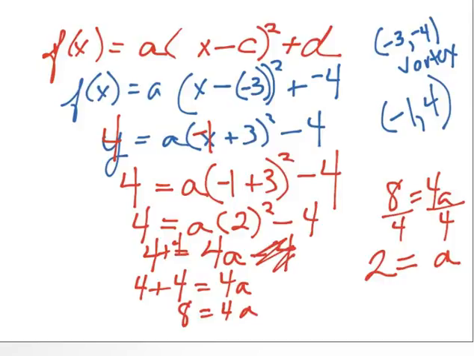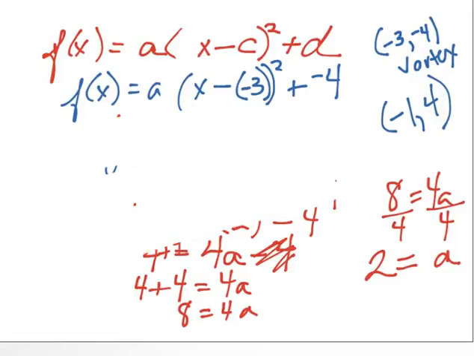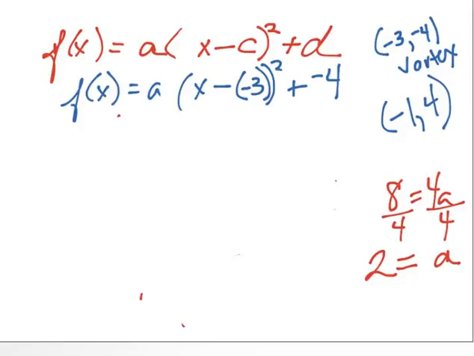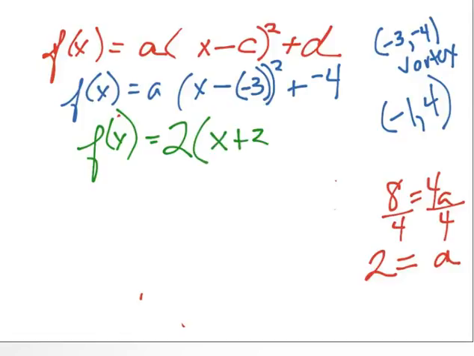So what we actually end up with, and I'm going to erase to make it clear, what we end up with is f of x. What did we decide a was? 2. We said x plus 3 squared minus 4.